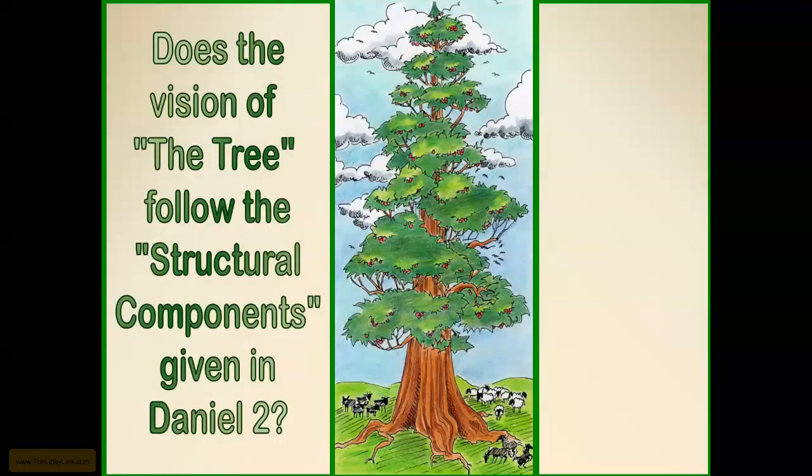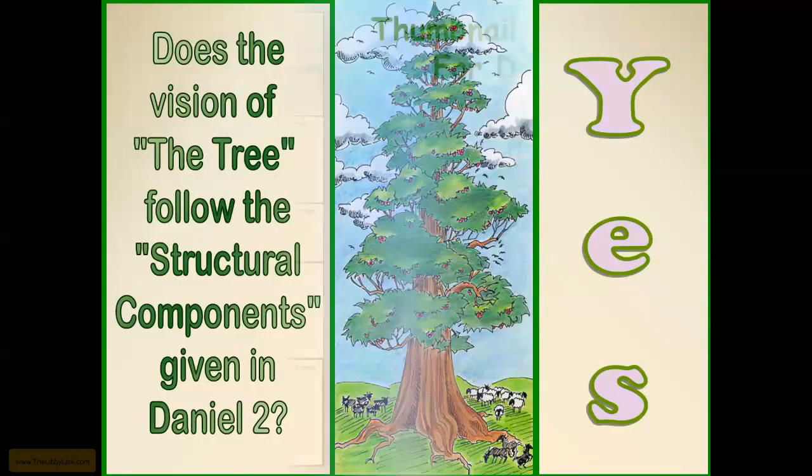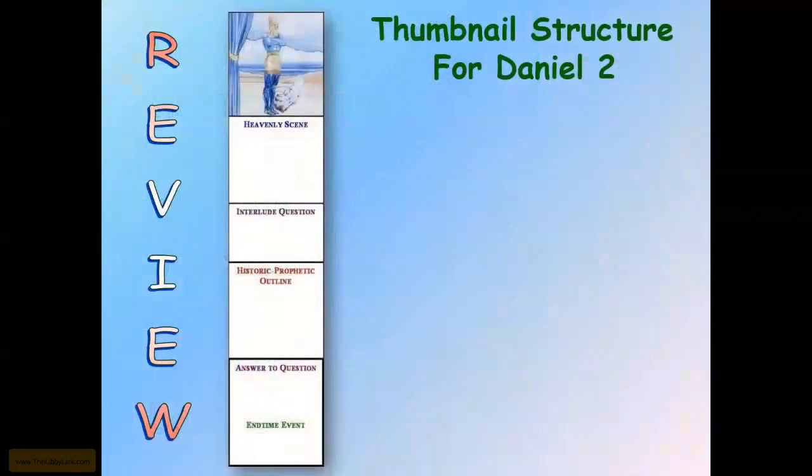So let's just do a little review. Let's begin with a short review of the Daniel 2 thumbnail taken from his structure chart. By now, you should all know how this works, but just in case there is someone new here that may have missed a session or two, this is what happens. Every vision begins with the heavenly scene.